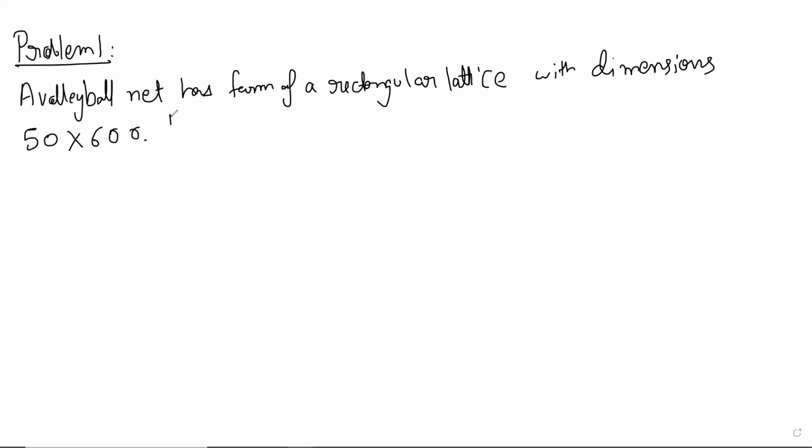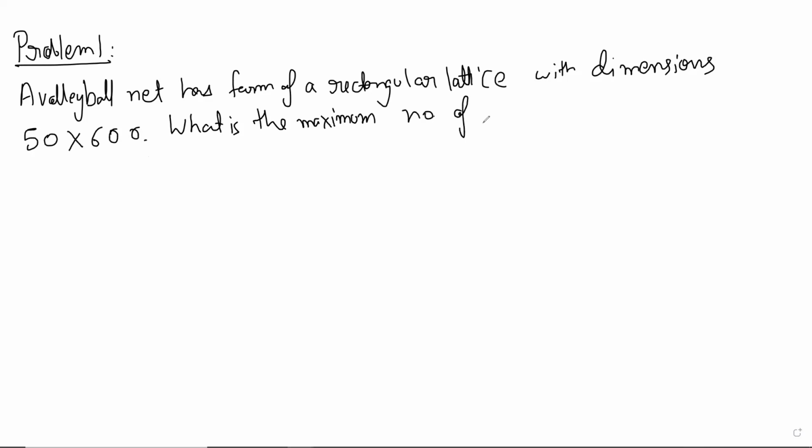Now the question is: when we play, some of the strings get broken. Some of the small unit strings get broken. So the question is, what is the maximum number? It's like an optimization question.